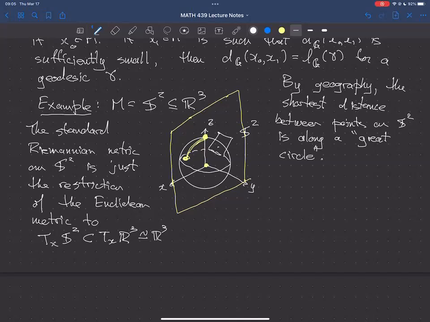So a great circle is the thing I just described. It's the intersection of a plane passing through the origin with the sphere.